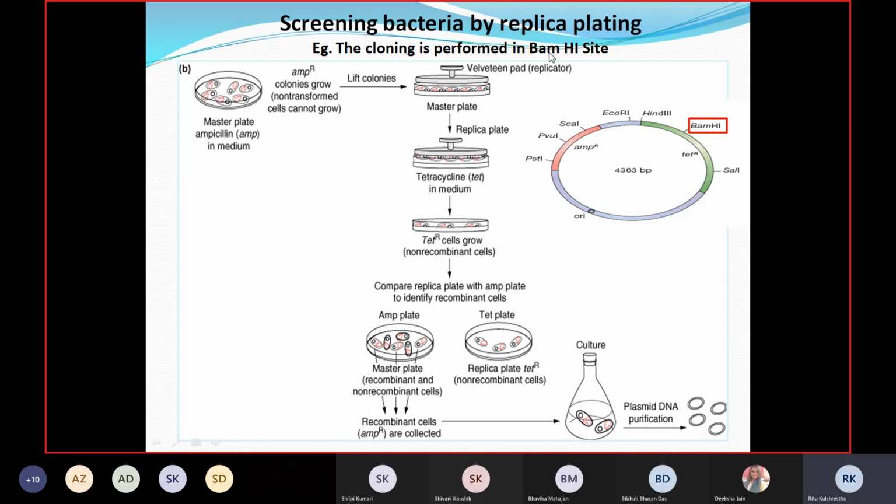So coming to what replica plating is. Here is my master plate in which I have ampicillin.